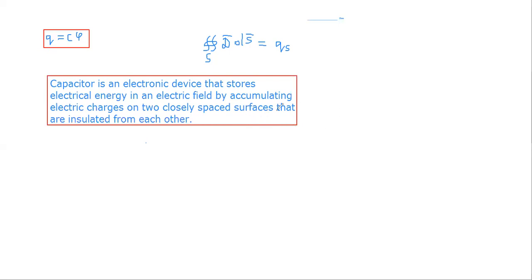And because we have two conductors, the charge of the capacitor, according to the formula, is equal to capacitance multiplied by the electric potential of the first conductor minus phi 2.